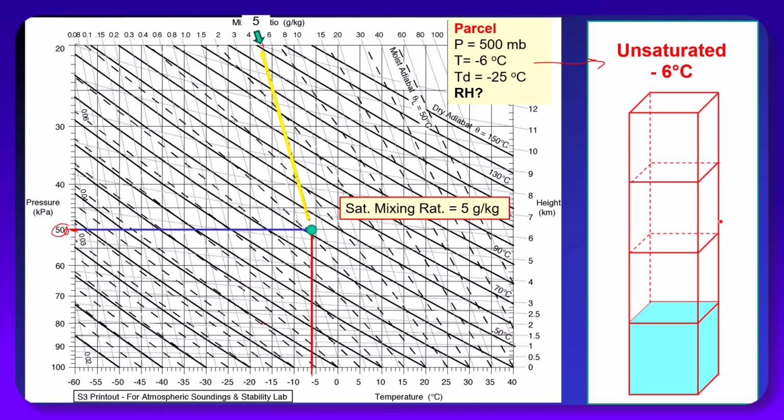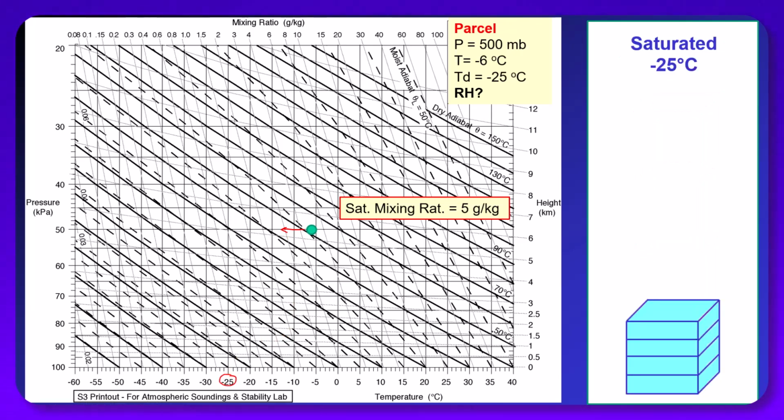To do this, what we need to do is to virtually cool the atmospheric parcel. So we keep it at the same pressure, but we shift it to the left to a temperature of negative 25 degrees Celsius. By cooling down the air parcel to its dew point temperature, we saturate the air parcel, and once the air parcel is saturated, we know how much moisture is in it.